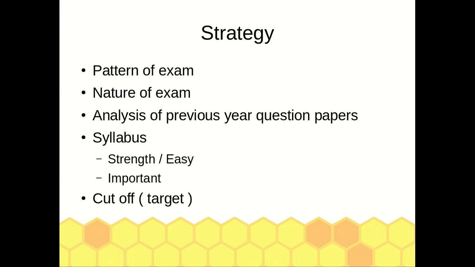In UGC NET there is no negative marking, but in CSIR NET there is negative marking. So the people who are studying for CSIR NET have to be very careful. One more thing I forgot to tell: those who are studying for physical science or physics have to appear for the CSIR NET exam in physical science, because every year UGC NET launches its registration form earlier than CSIR NET, and there is a subject there called physical education.